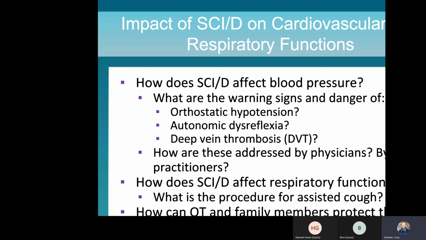It could be, a lot of times they'll wear these compression binders around their abdomen to keep from developing deep vein thrombosis, things like that. It could be a blockage in their catheter. Just anything can cause it, and it's anything that's above a 20 millimeter raise in their blood pressure.